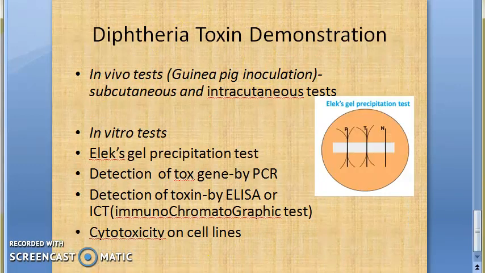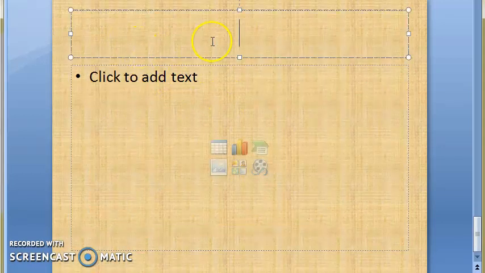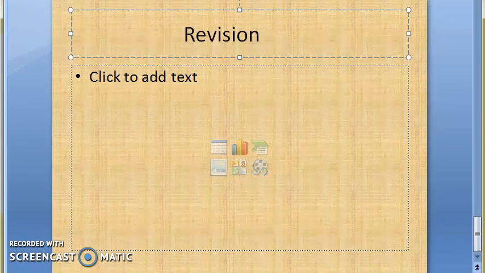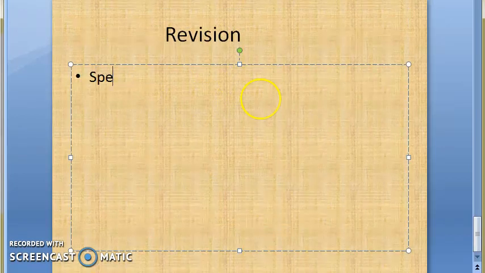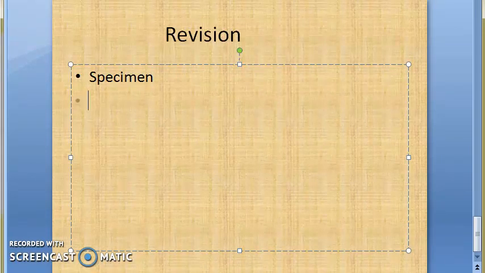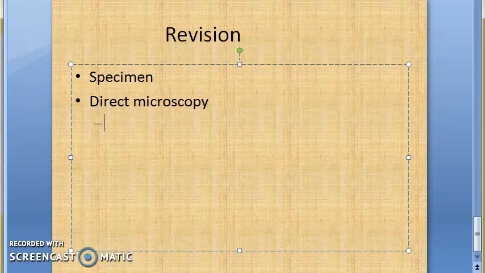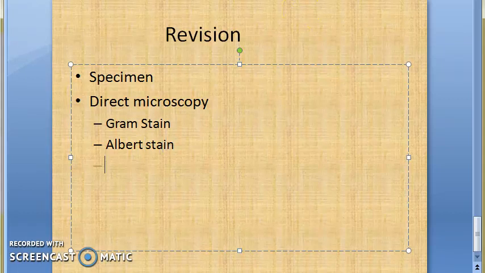First, let us try to revise this much. Then we will go into the details. Okay, revision. 5 steps are there, correct? Specimen: you will collect throat swab, portion of membrane. Then you have direct microscopy, you will do gram stain, Albert stain. Then you have culture.